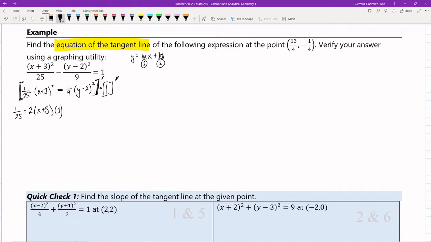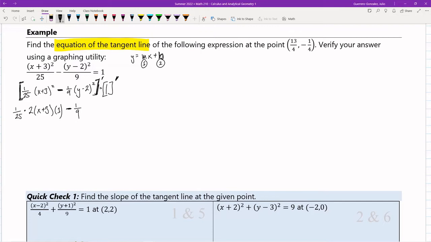Okay. Here comes the fun bit. Minus, I need to take the derivative of that next portion, the one with the y in it. Like I said, whenever you take the derivative of the y, you just need to make sure that you're doing the chain rule, which means you need to write in y prime. This is what I mean by that. The 1/9 gets to stay. That's a constant number, it gets to come along to the right. I'm going to take the derivative of this thing right here.